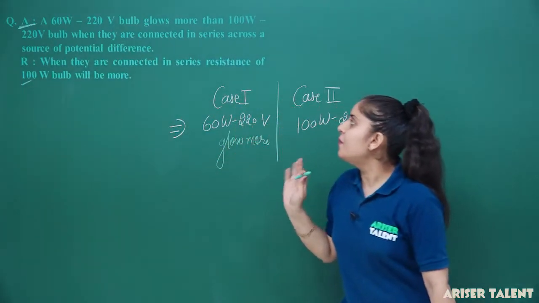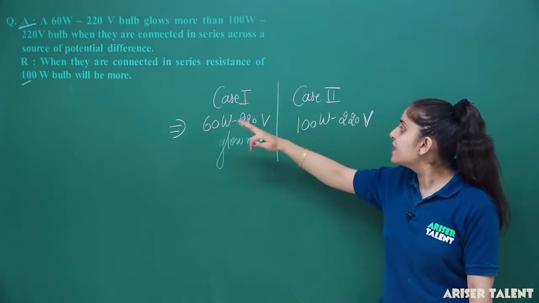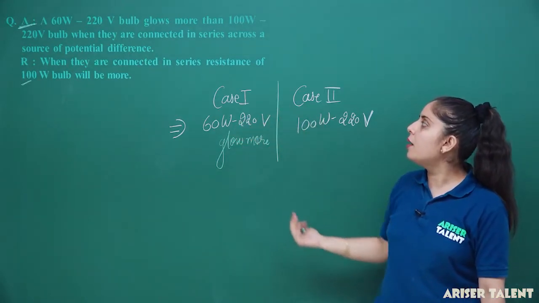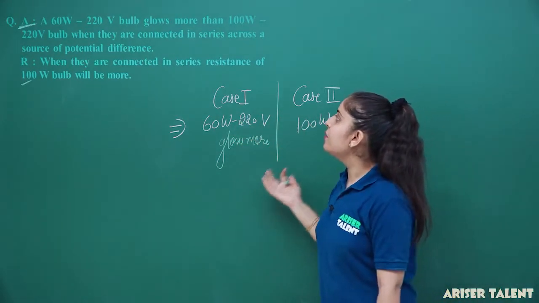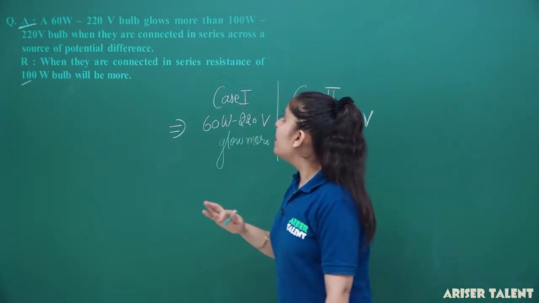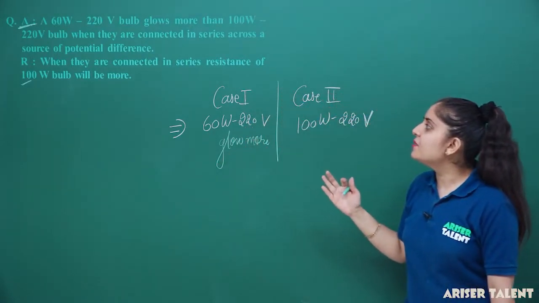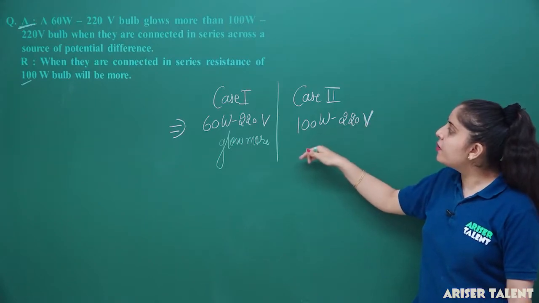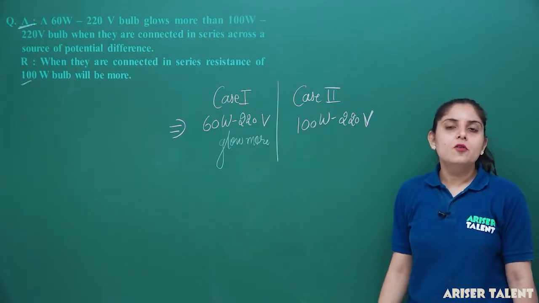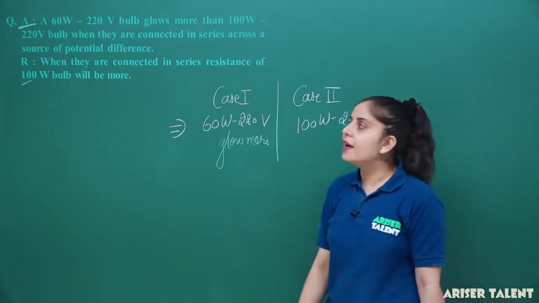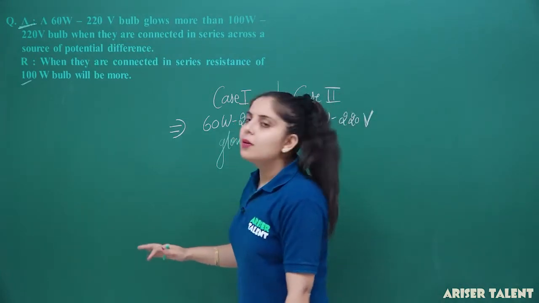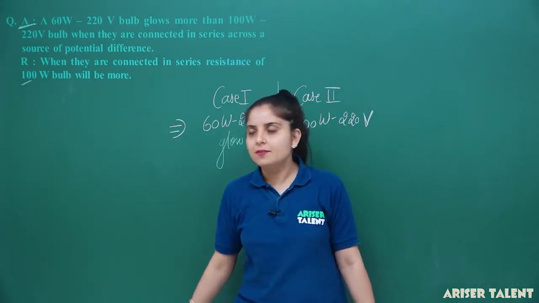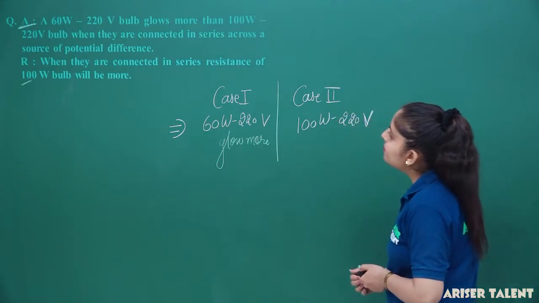Now, the first statement is correct: the 60 watt bulb will give you more glowing capacity when they are connected in series. But the statement that, when connected in series, the resistance of the 100 watt bulb will be more is entirely false. So I can say here, assertion is true, but the reason is false. So let's check the options here.